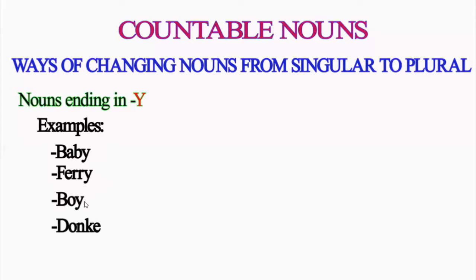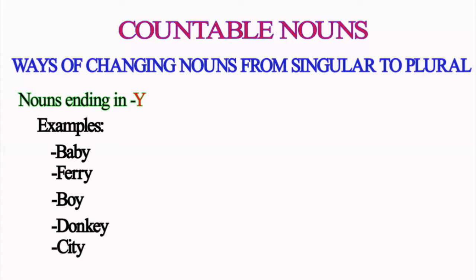This word boy, the last letter is Y, meaning that this word boy ends in Y. Then we have donkey. The last letter here is Y. It ends in Y. Then we have city. City, the last letter here is Y. This word city ends in Y.